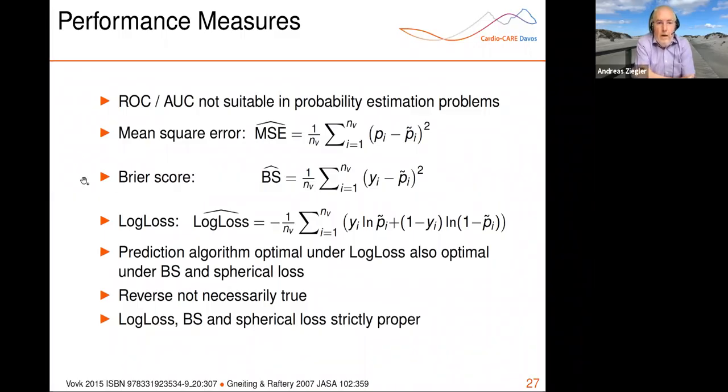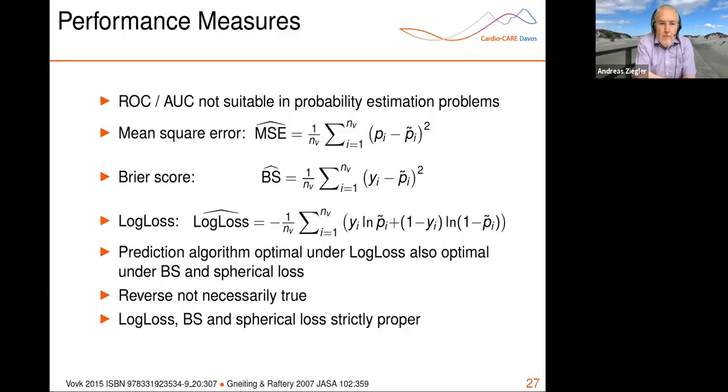There are other approaches to it, such as the log loss, and I've provided you with a formula here, and you can see it's some kind of entropy measurement. So this measurement is related to the Kullback-Leibler distance, and there are other loss functions.